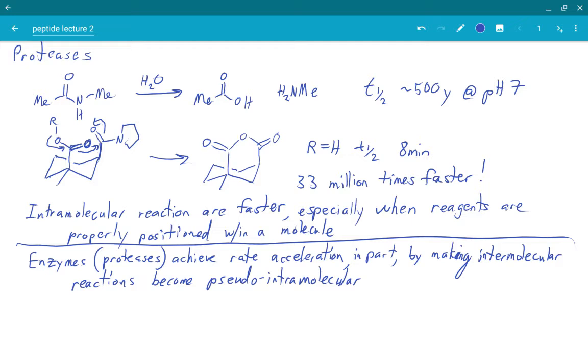So by binding and holding reagents close together, you can induce reactions to happen that would otherwise not happen.